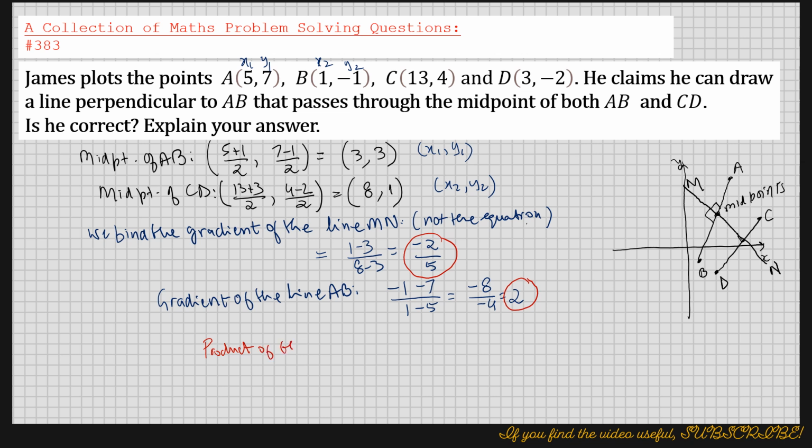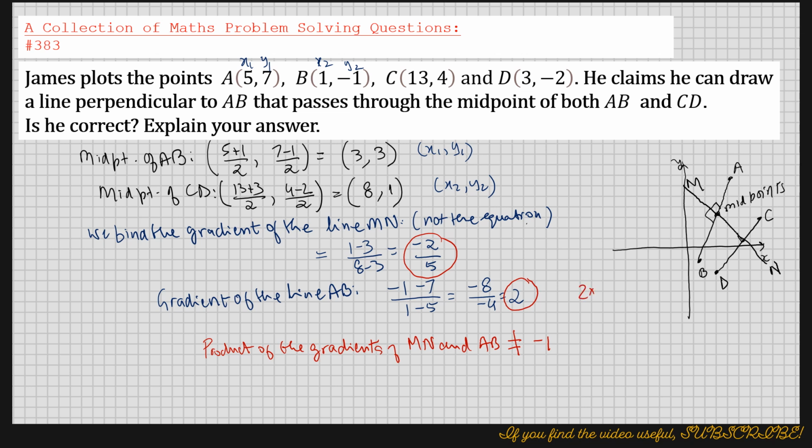If they were perpendicular, the product of the gradients should be minus 1. Because they are not perpendicular, the product of the gradients is not minus 1.